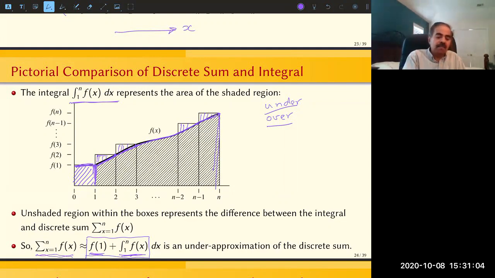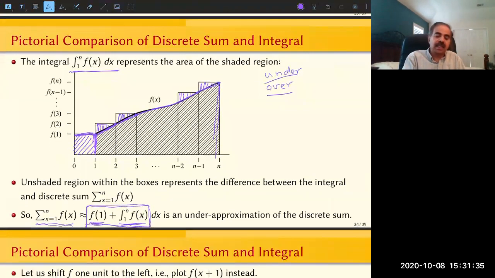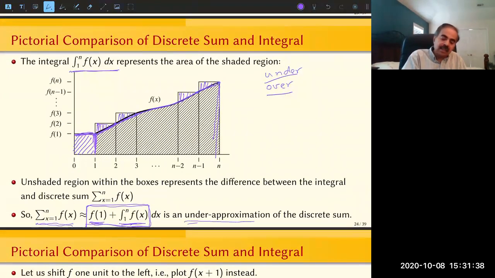And when you compare the shaded area with the area of the rectangles, you see that all these parts which are vertically shaded are not included, right? So therefore, it's clear that this quantity that we compute here is close to the area of the rectangles, but is a little bit less. Okay, so therefore, we say that this is an under approximation of the discrete sum.